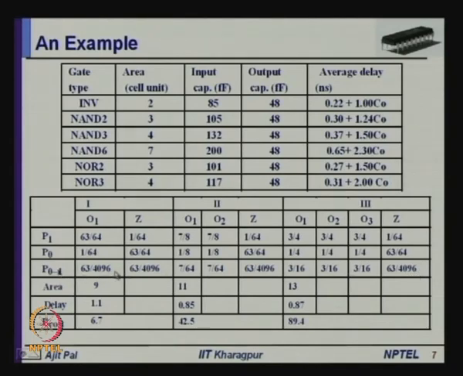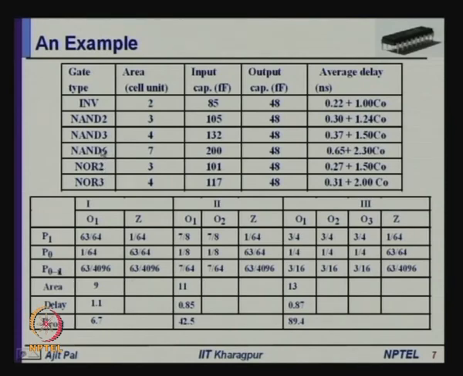So, using these switching activities you can calculate the dynamic power dissipation, and also you can calculate area, and you can calculate delay from this. So, here is the comparison. For implementation 1, area is equal to 9 because you are requiring one 6 input NOR gate followed by an inverter.